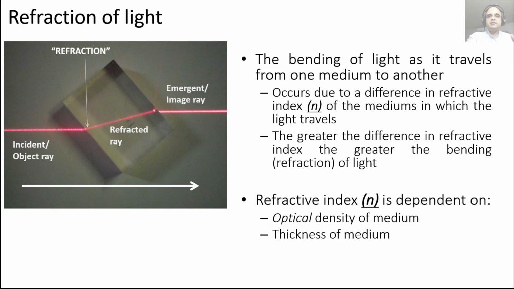Optical density is the ability of a medium to change the direction of the light, and the thickness of the medium is simply that, the thickness. So if two mediums have equal thickness but different optical densities, they are obviously going to refract light differently. The medium with a greater optical density would refract light more as compared to the medium with lesser optical density, which would refract light less.